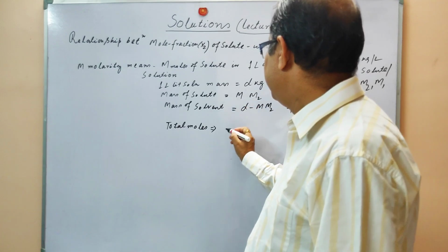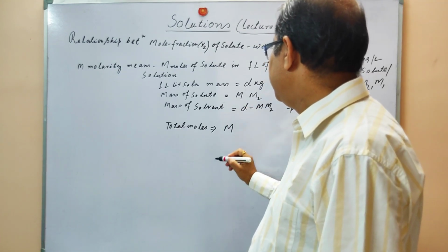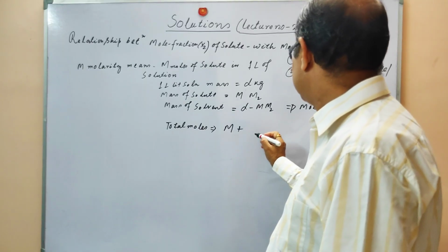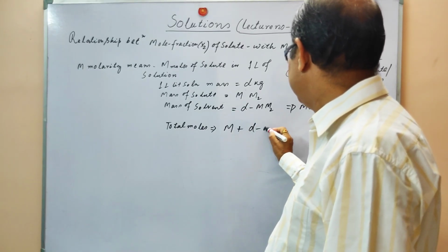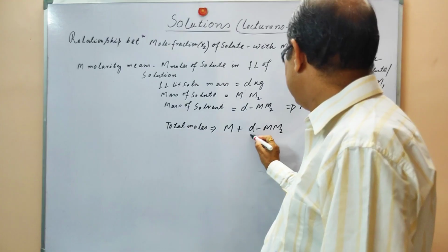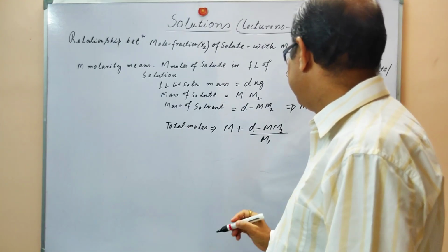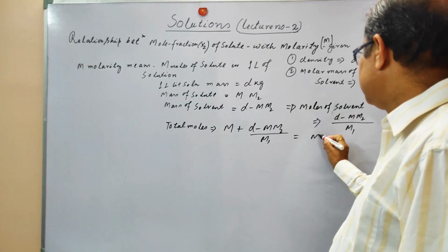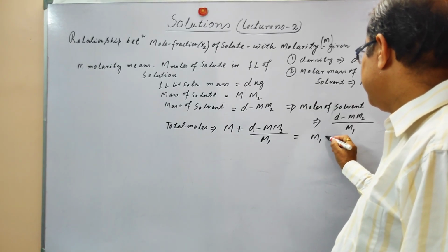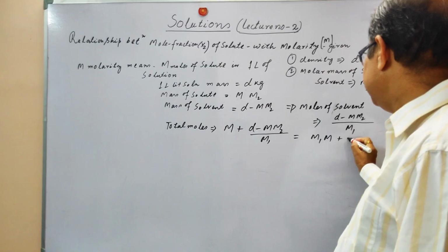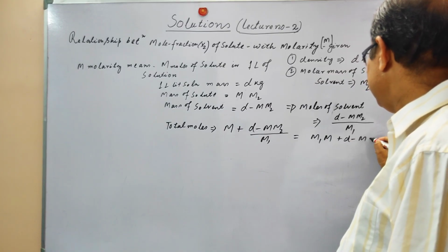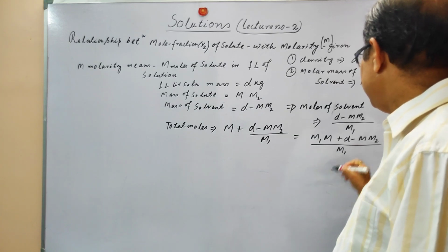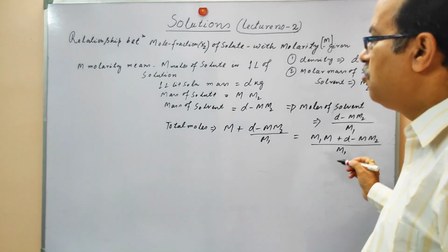Moles of the solute is capital M, plus moles of the solvent is D minus M into M2 by M1. So we get from this, small m, capital M1 into small m plus D into M2, divided by M1. So that is the total moles.